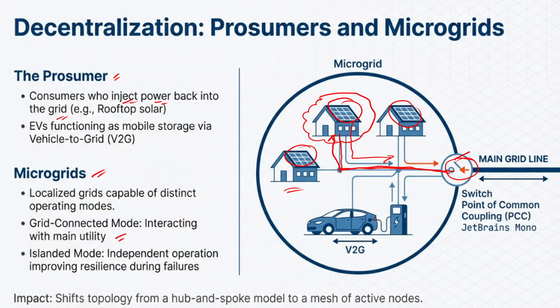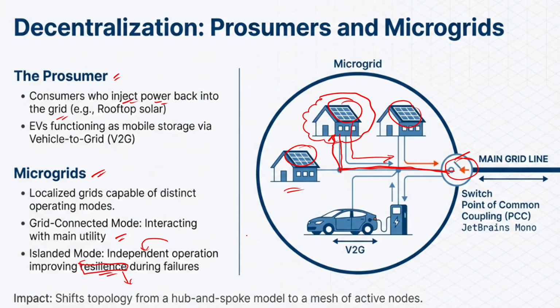So this is the island mode I was mentioning earlier. These are independent operations which increase the resiliency. Resiliency means we are not relying on any one source. If we have multiple sources, then we call it resilient.